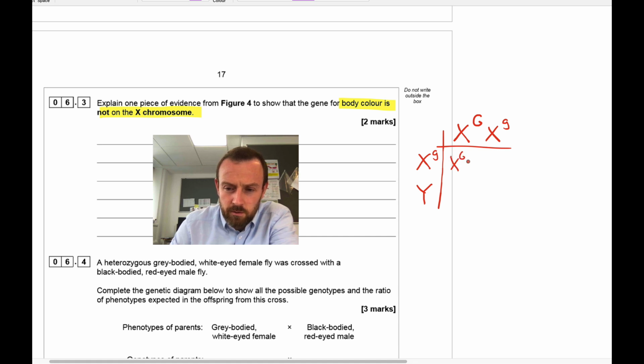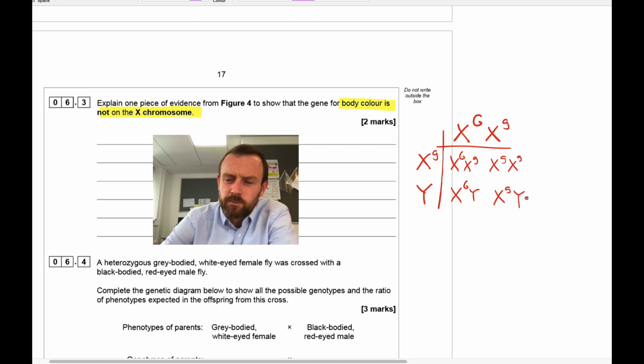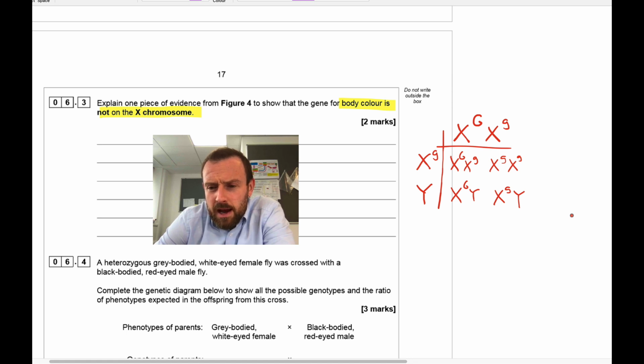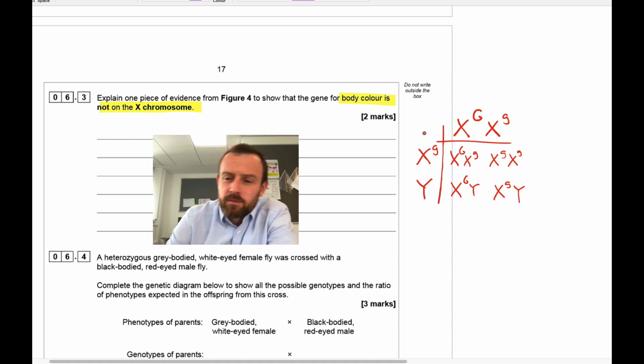What would this look like? So that would mean that a black-bodied male would only, no, maybe we want to think about this.